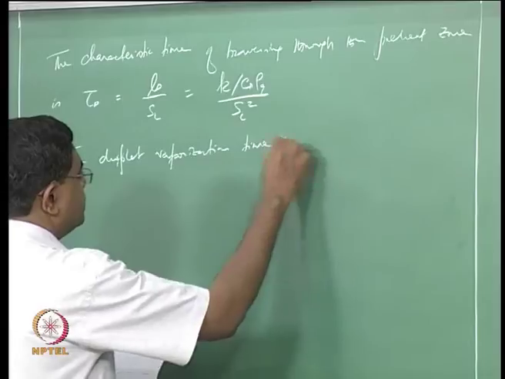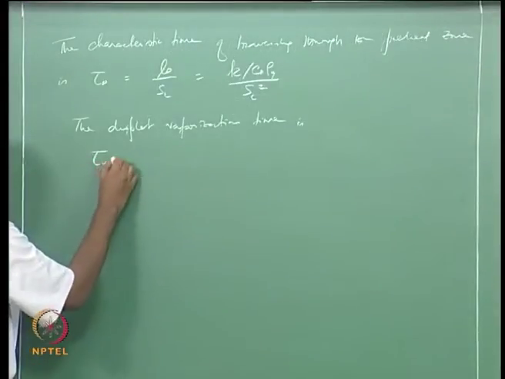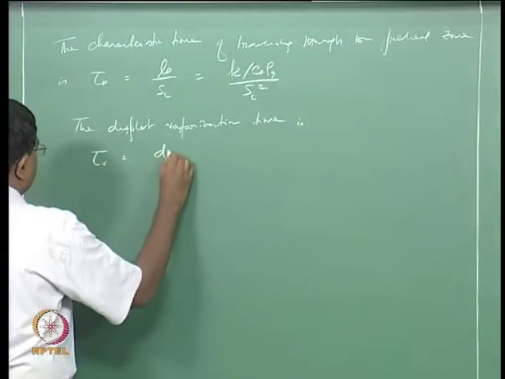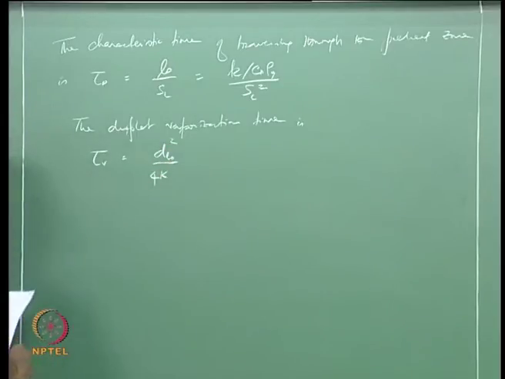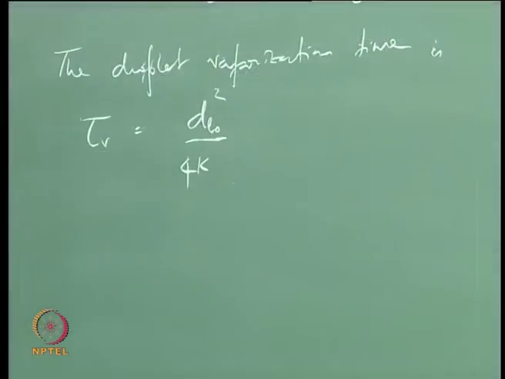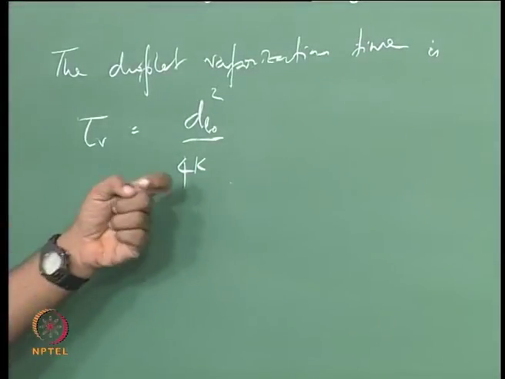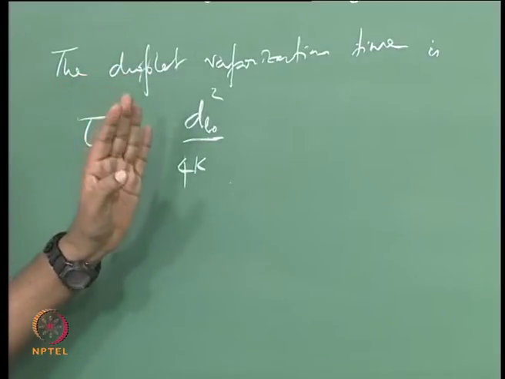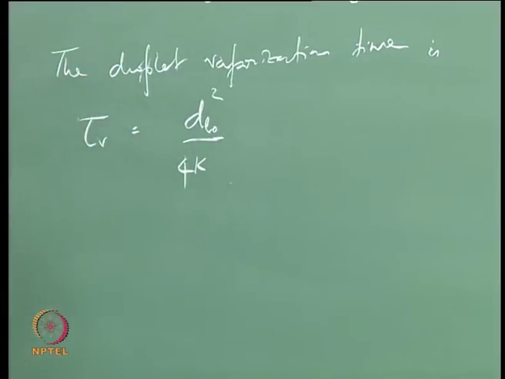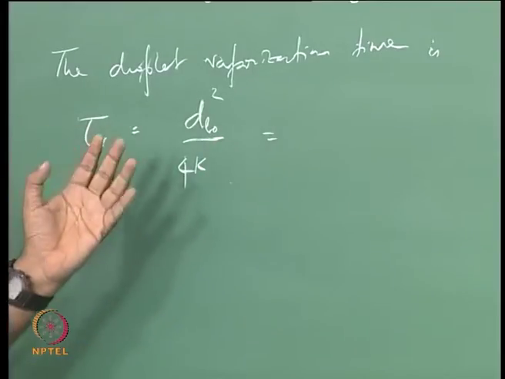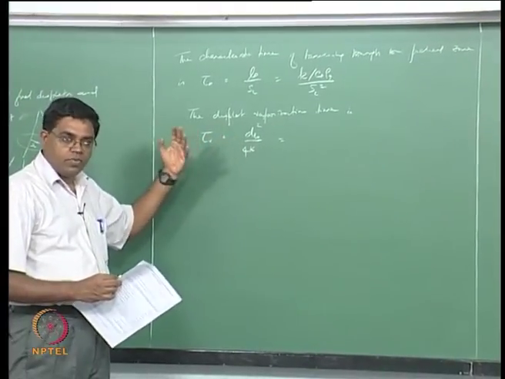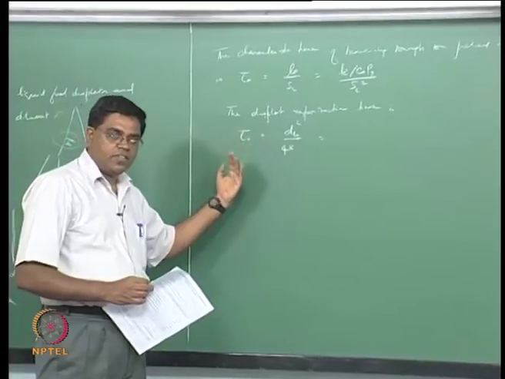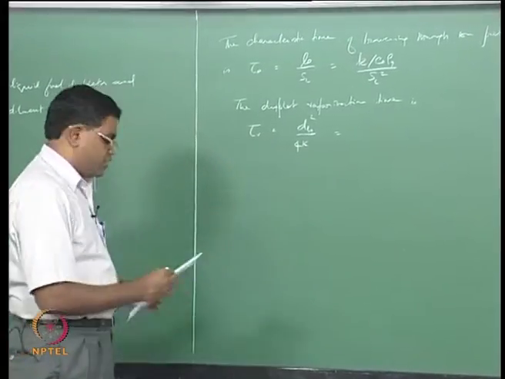tau v is dl naught squared divided by 4k, that's essentially talking about the radius in terms of surface area divided by the evaporation constant. It's essentially coming from the d squared law, so this is as if it is the d squared law for evaporation. We are not saying that it's going to burn in a single droplet mode, but when we did single droplets, we also said that the same approach can hold good for evaporation.